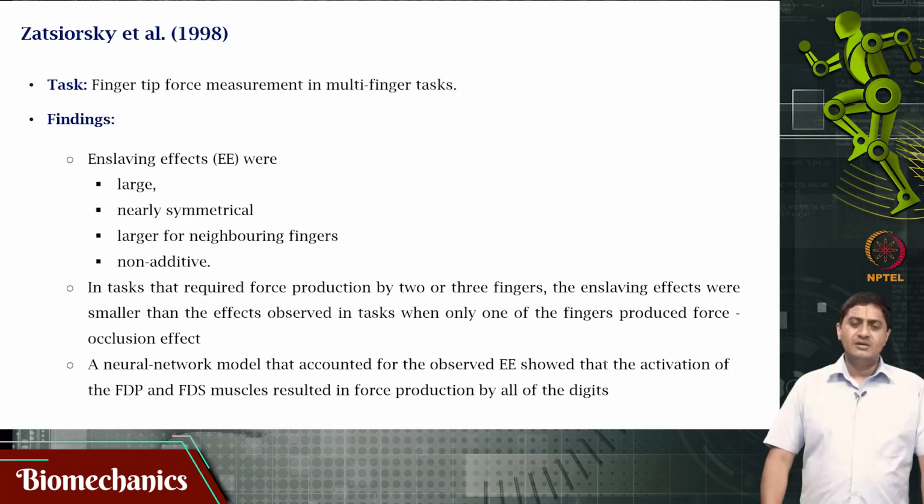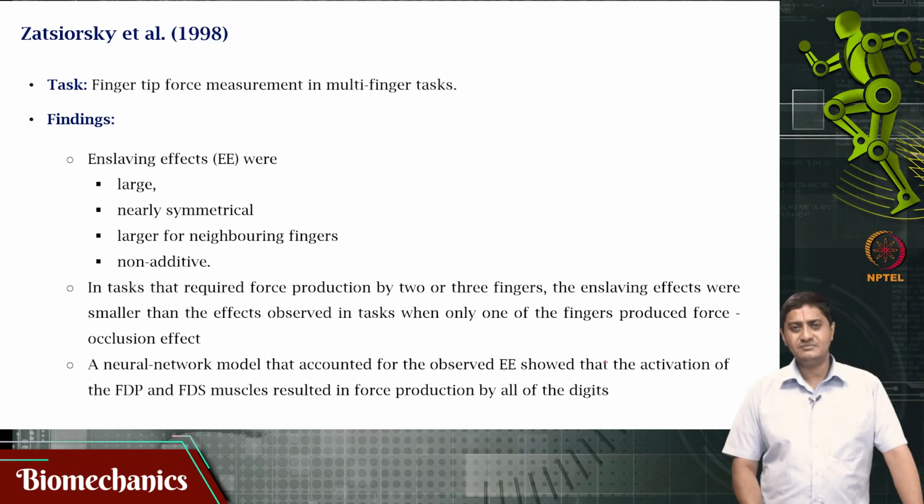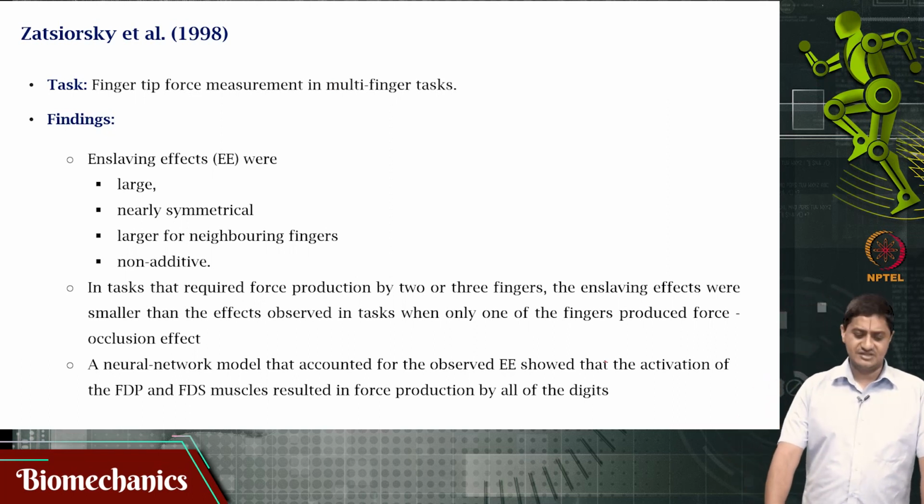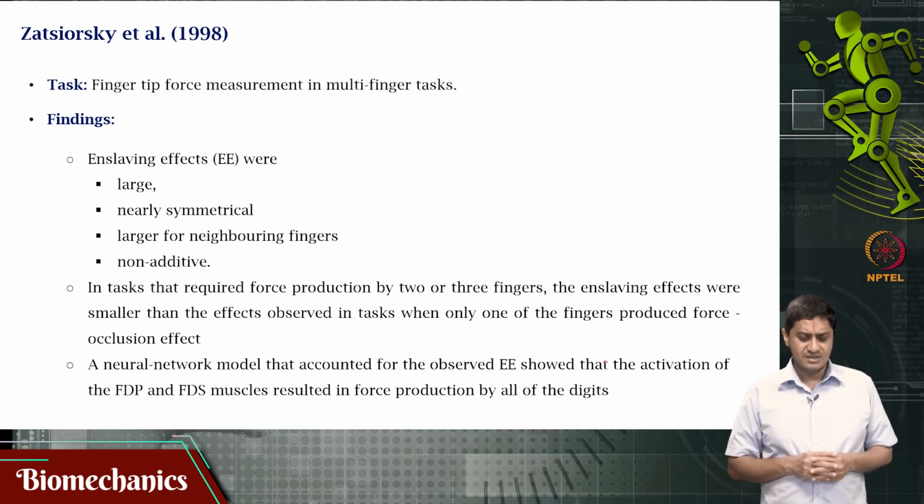Before we begin our discussion of the 2000 paper, there is a prequel or a prerequisite. There was a paper in 1998 by Zatsiorsky and colleagues in which they measured and studied finger enslavement. The task was a multi-finger fingertip force production task.